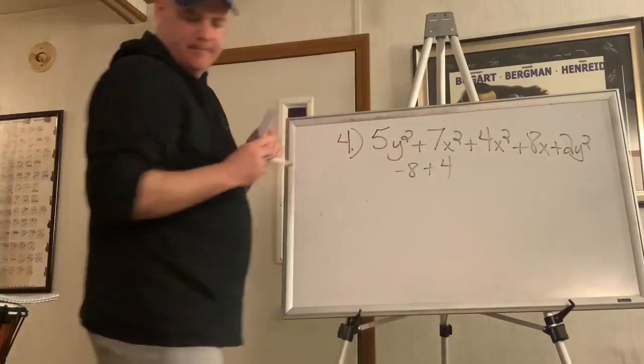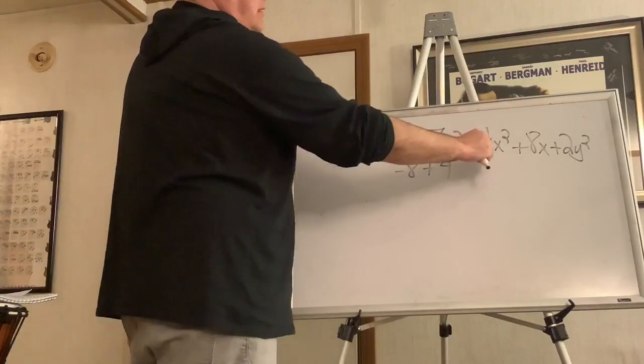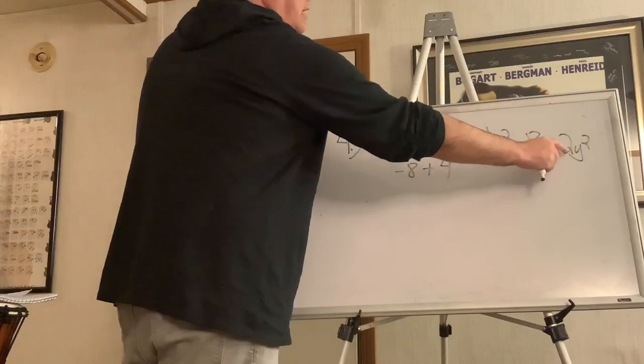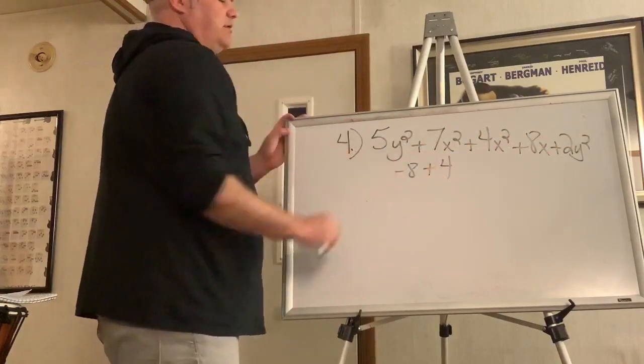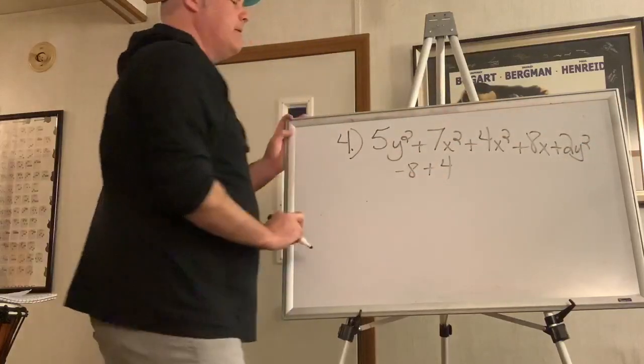So it was, this is all one row. It's 5y squared plus 7x squared plus 4x squared plus 8x plus 2y squared minus 8 plus 4. And so it was all like the minus 8 plus 4 just kept going.